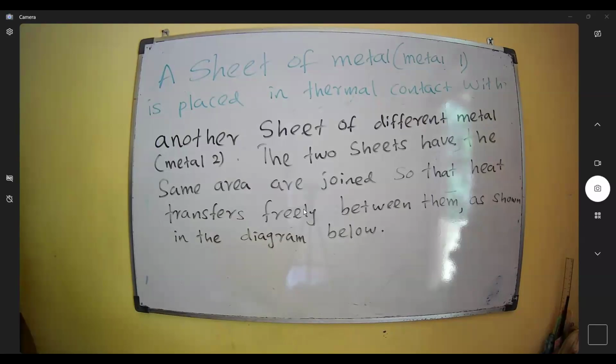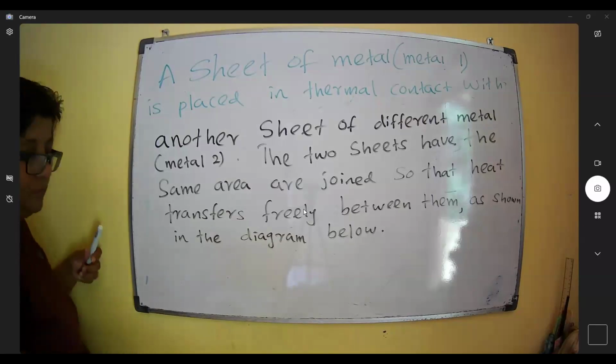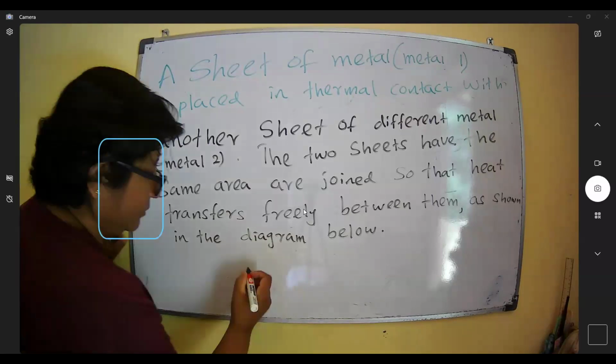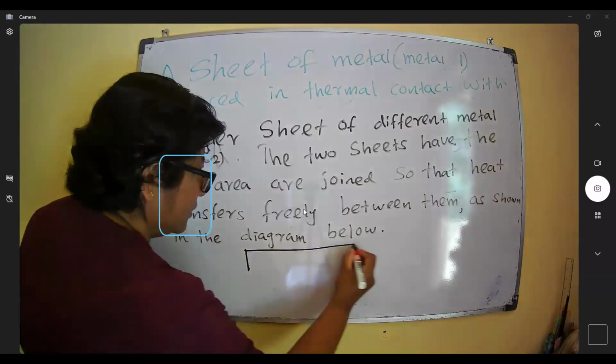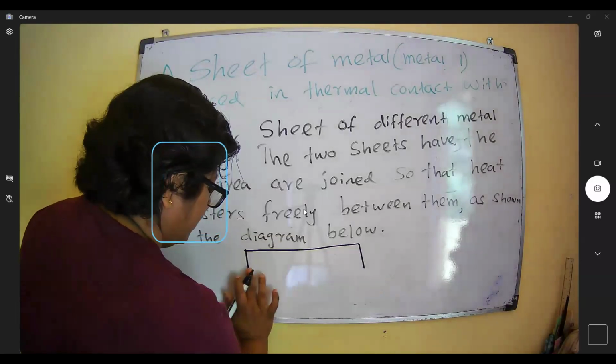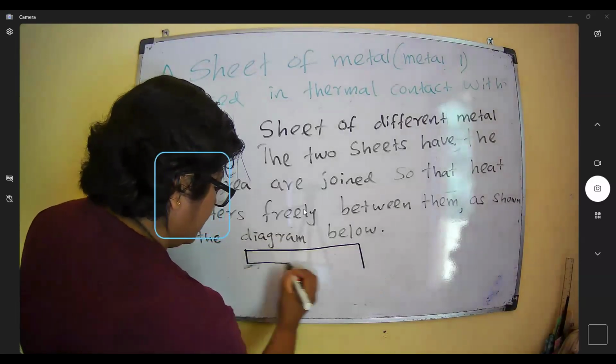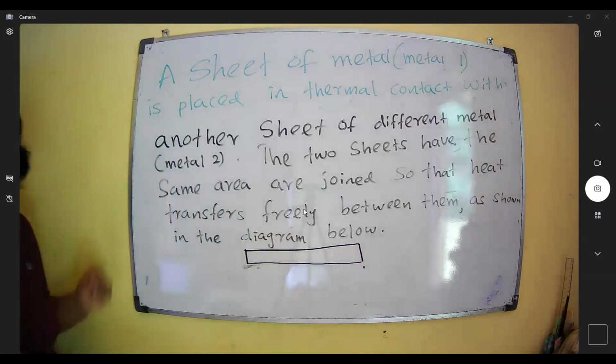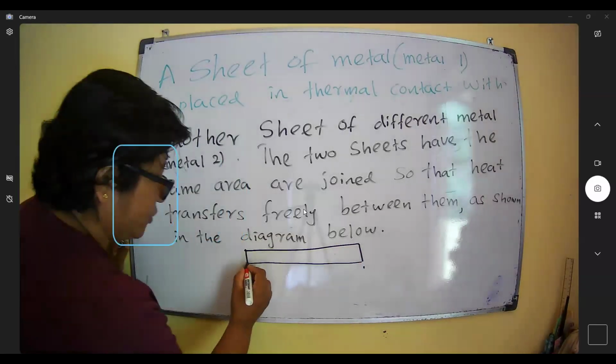The diagram is like this: metal 1, and another one, metal 2.